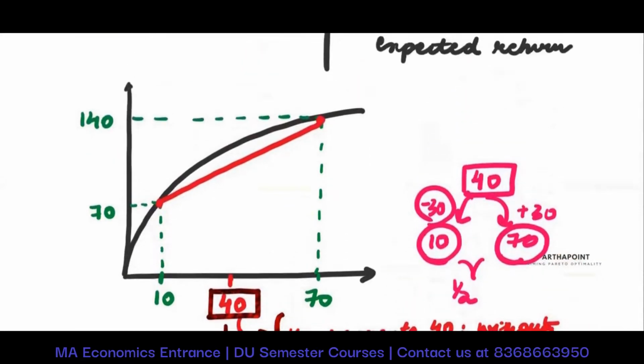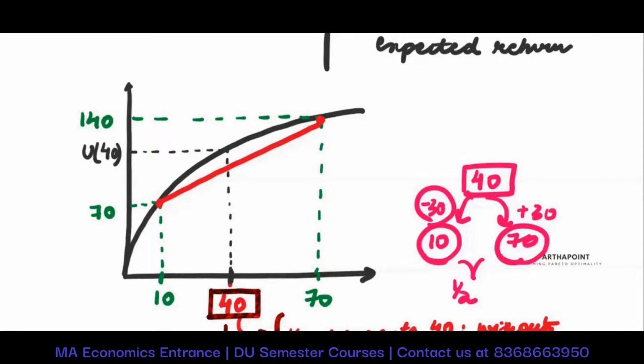Now, please see this. If I take this 40 to my utility function, the black line, and I extend it here, this is the utility you get from 40 with surety.